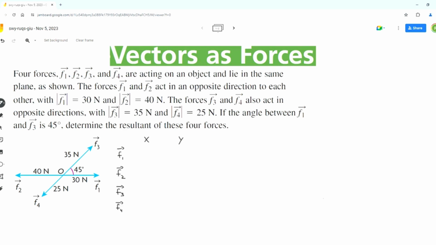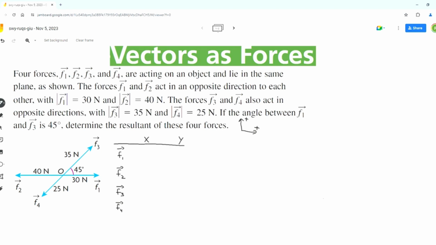For this problem, we'll use the sign convention that vectors acting to the right or in the upward direction are positive. As a result, vectors to the left are negative and vectors acting in the downward direction are negative.